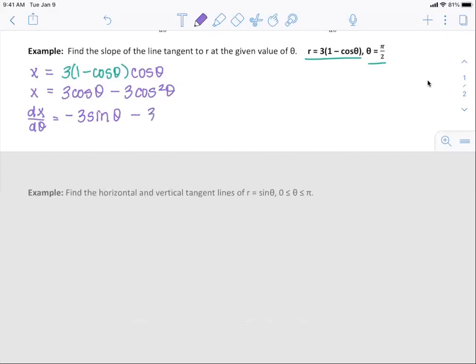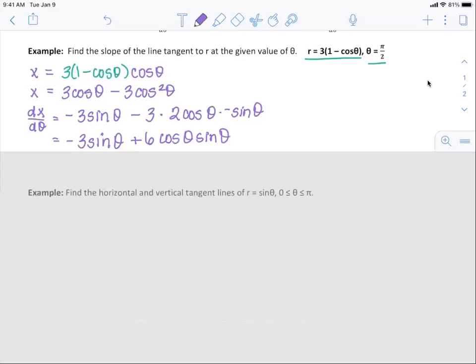So this is negative 3 times cosine squared theta. When we use the chain rule, this is going to be 2 times the cosine of theta times the derivative of cosine of theta. So this all together comes out to negative 3 sine theta plus 6 cosine theta sine theta. So there is dx d theta.